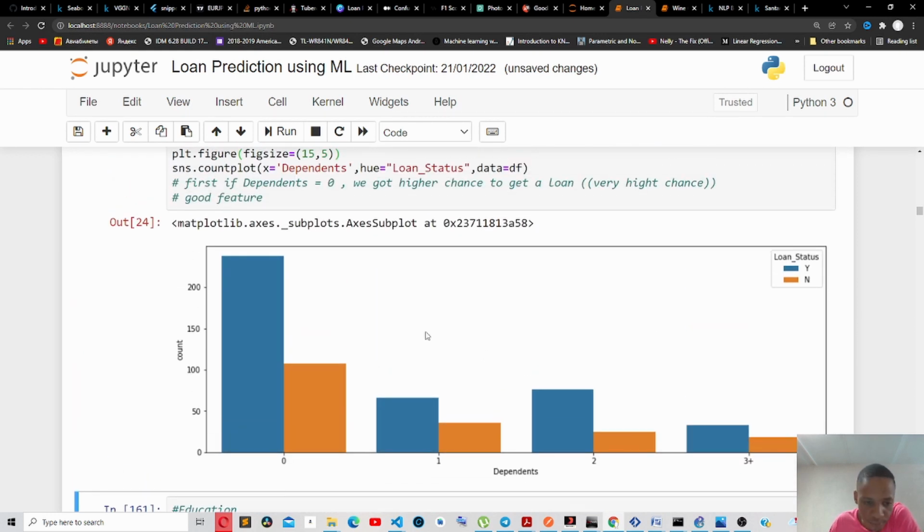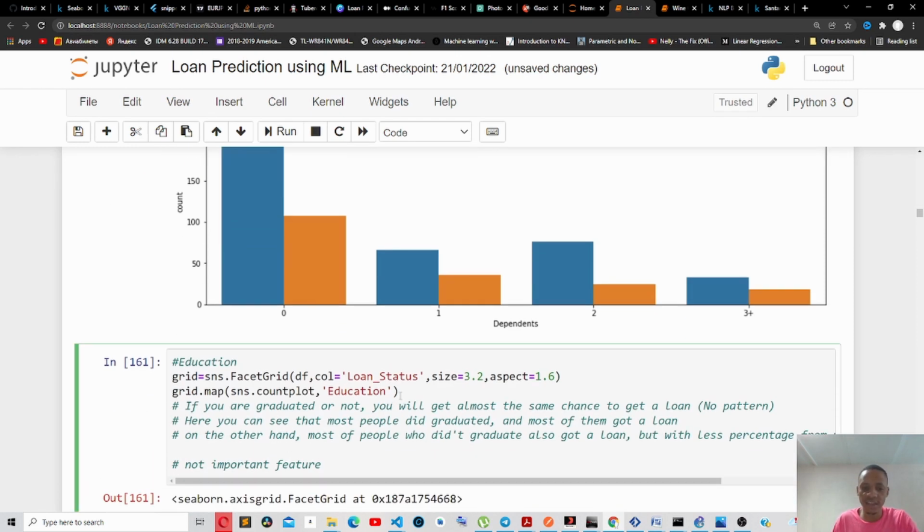As you can see, people with zero dependents are more likely to get a loan than those with dependents. This one is 1 dependent, this one 2 dependents and 3 dependents. And we can also compare this. People with no dependents are also more likely not to get a loan, as you can see with this No, and you compare it to the others, right?